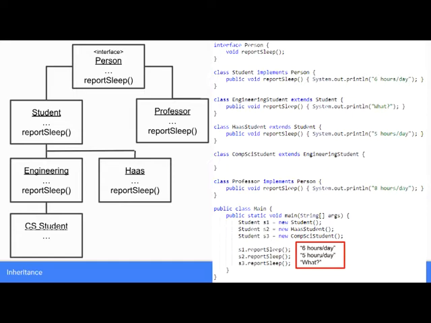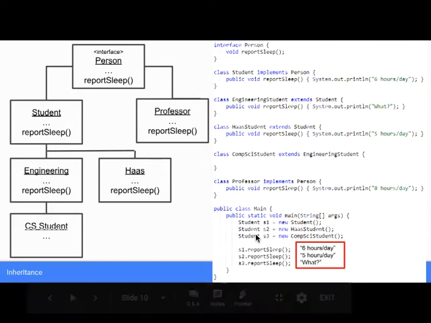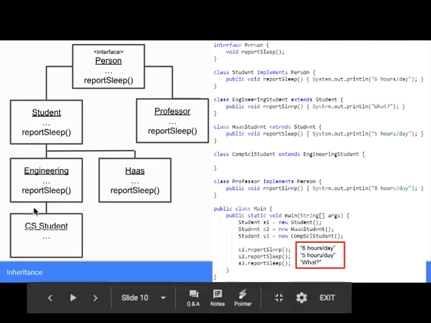Wait, I wasn't following from the beginning. Could you repeat that? Yeah, so if you set the static type of s3 to EngineeringStudent, and you remove reportSleep from the EngineeringStudent class, would you get a compile-time error in s3.reportSleep because the parent class doesn't have reportSleep in it? So his hypothetical was, what if we change the static type of s3 to be EngineeringStudent, and then we removed reportSleep from the EngineeringStudent class because engineering students do not know what sleep is?